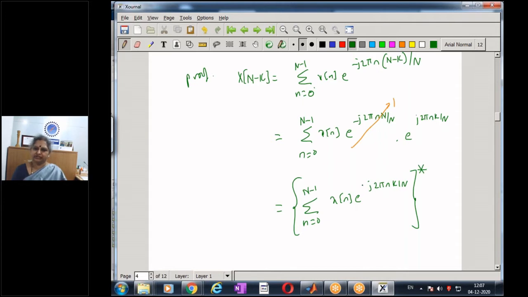And this term I can now write with a conjugate symbol here, in which case I need to put a negative sign here.